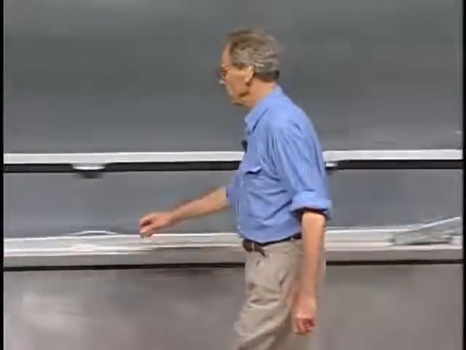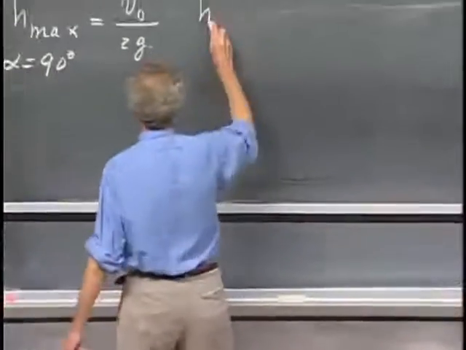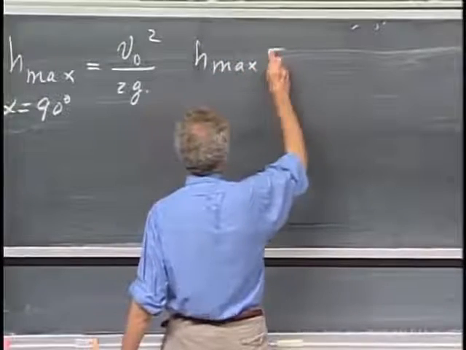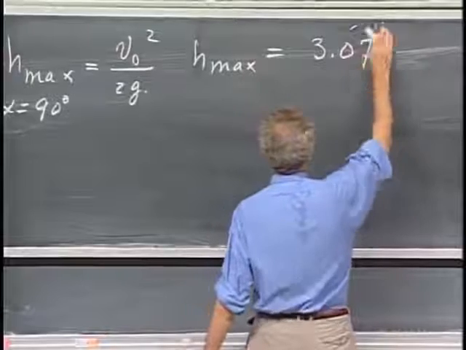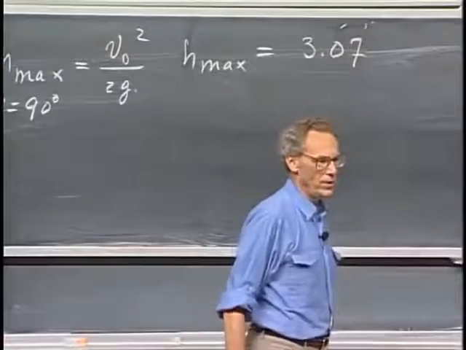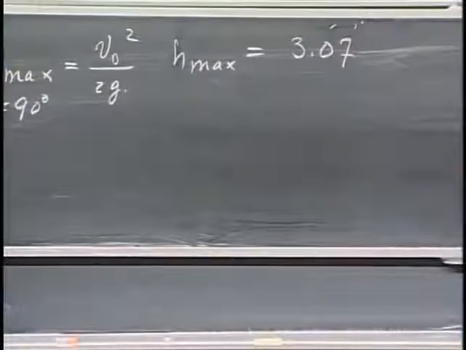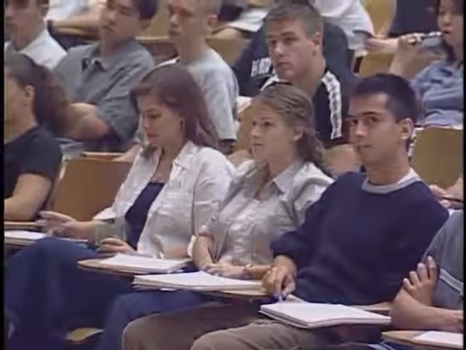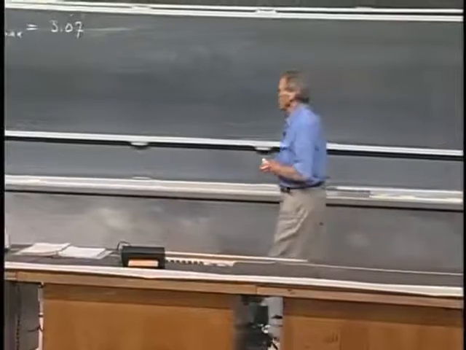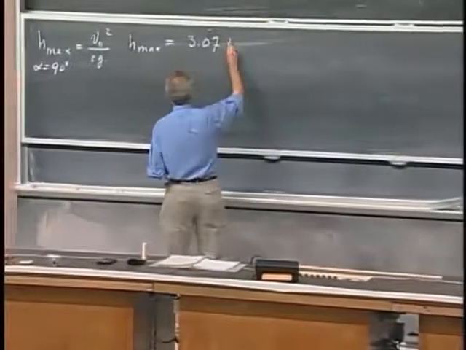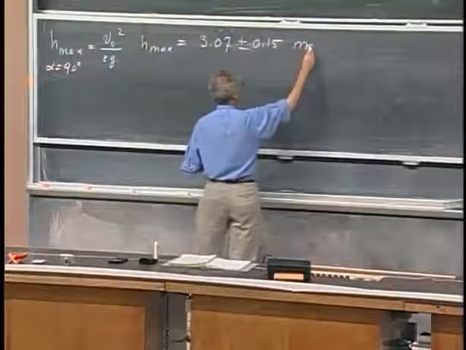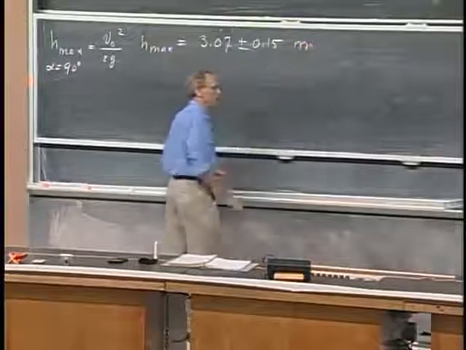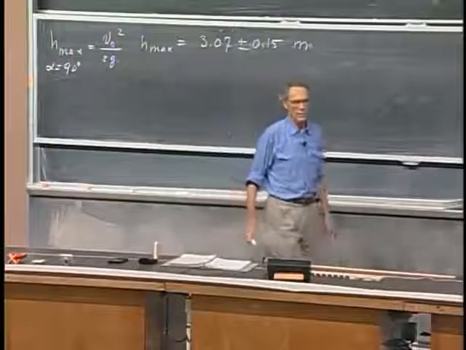So H max is about 3.07. I have done this morning 20 times. And there were times that the height differed by more than 10 centimeters, sometimes even 15 centimeters. I therefore would feel most comfortable if you allow me an uncertainty of 15 centimeters in that height.